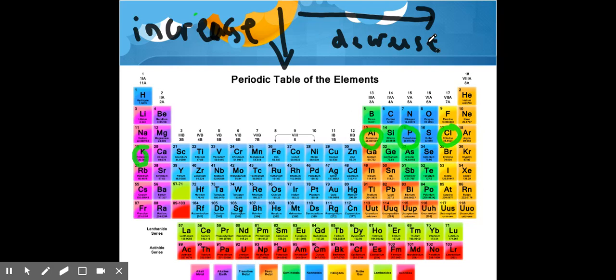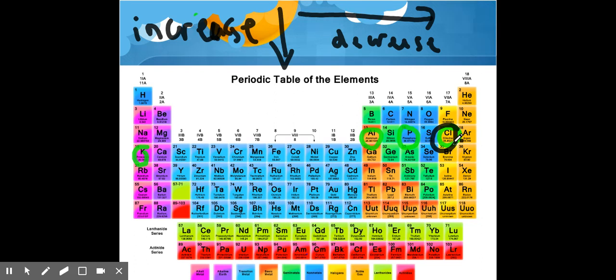So chlorine only fills 3 energy levels. And as we've gone across from aluminum to phosphorus to chlorine, we are adding more protons, which is pulling that electron shell in tighter.